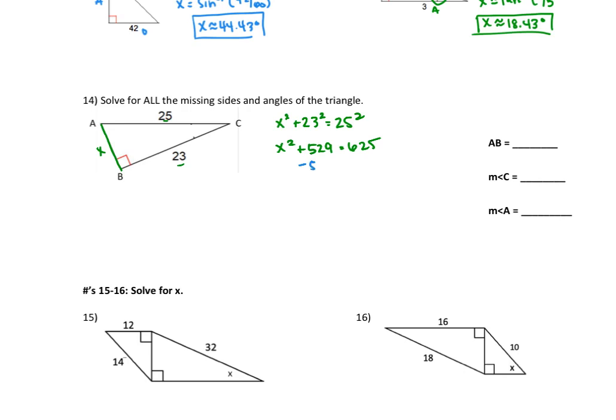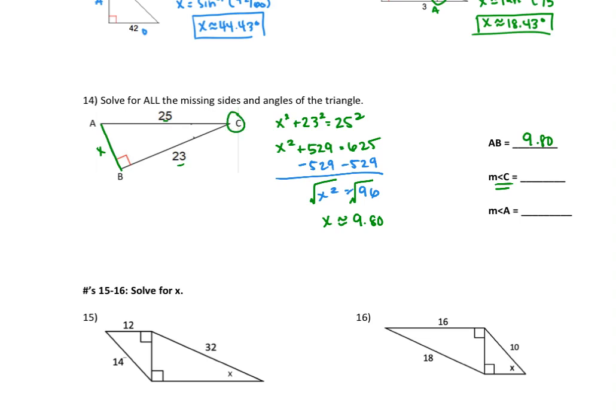And then subtract 529. So 625 minus 529, we get 96. And then square root both sides. So x is approximately 9.80. So AB is 9.80.